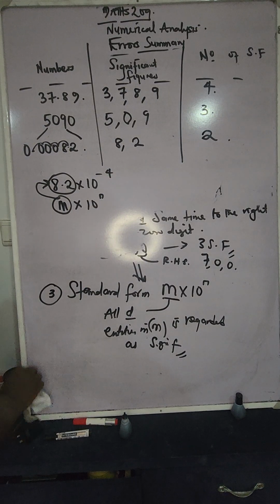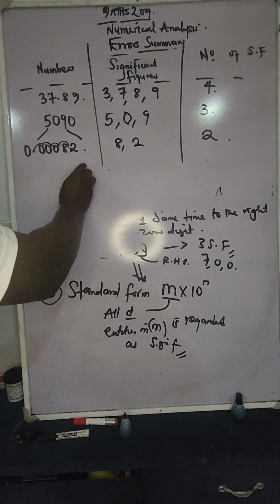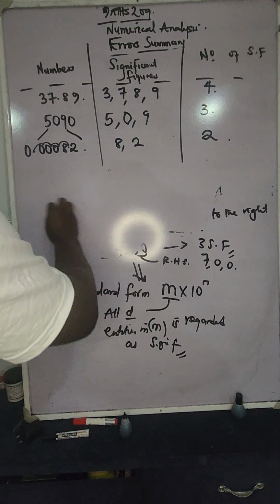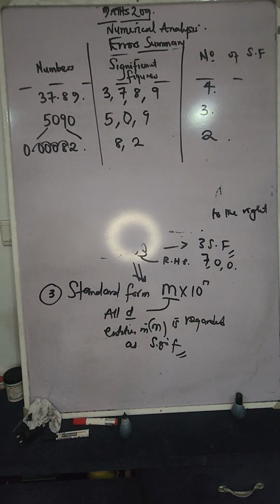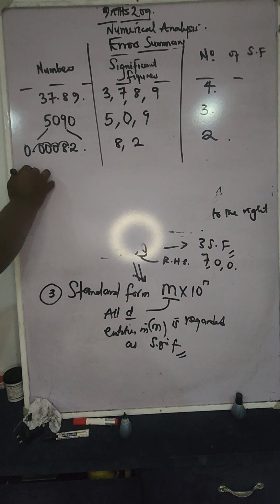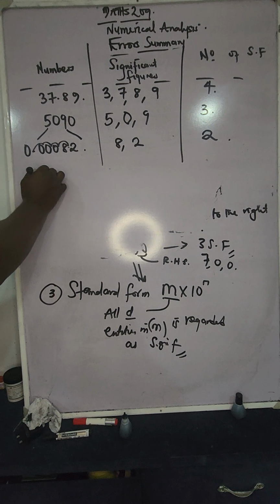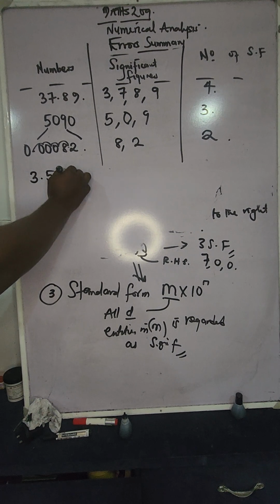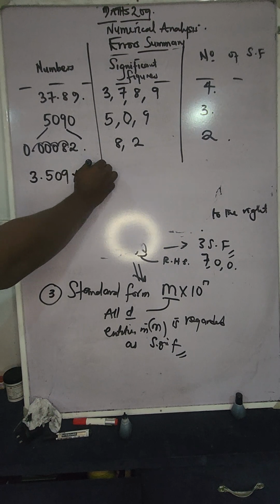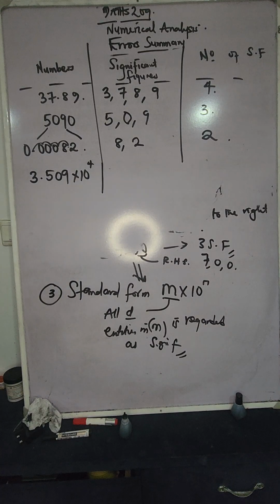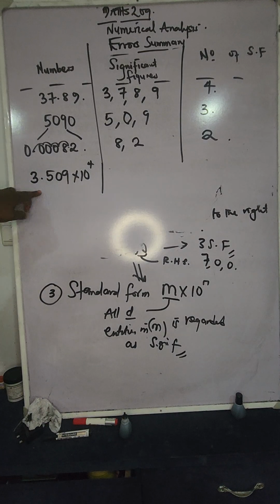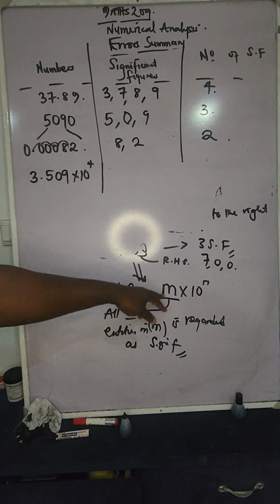The same thing goes for other examples that you might come across when it comes to significant figures. Let's look at 3.509 times 10 to the power of 4. All the elements in m are significant.